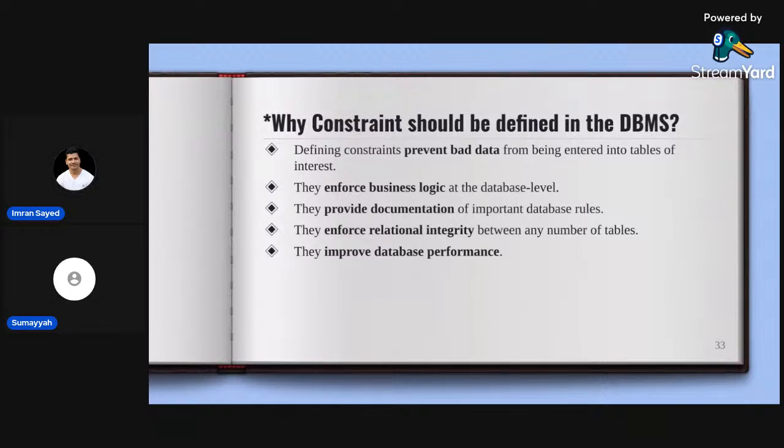Improving performance. Can you think of a way how constraints can help in performance? I can't think too much, but all I can think is that if we let the user put as much data as he wants, then he's going to flood the table with a lot of information.